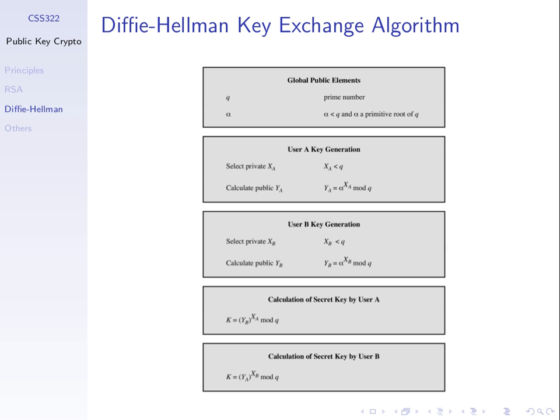Next step, let's see what the attacker can do to try to find the value of K. And we'll do it not through our example, but just through the equations.